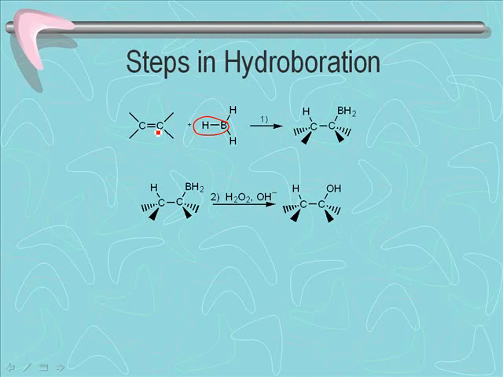It's a short bond. And it's not possible for the hydrogen-boron bond to be able to reach around and add the hydrogen to one face of the alkene and the boron to the other face. And as a result, the two groups get added to the same face. So this is a syn addition to what was once our carbon-carbon double bond.